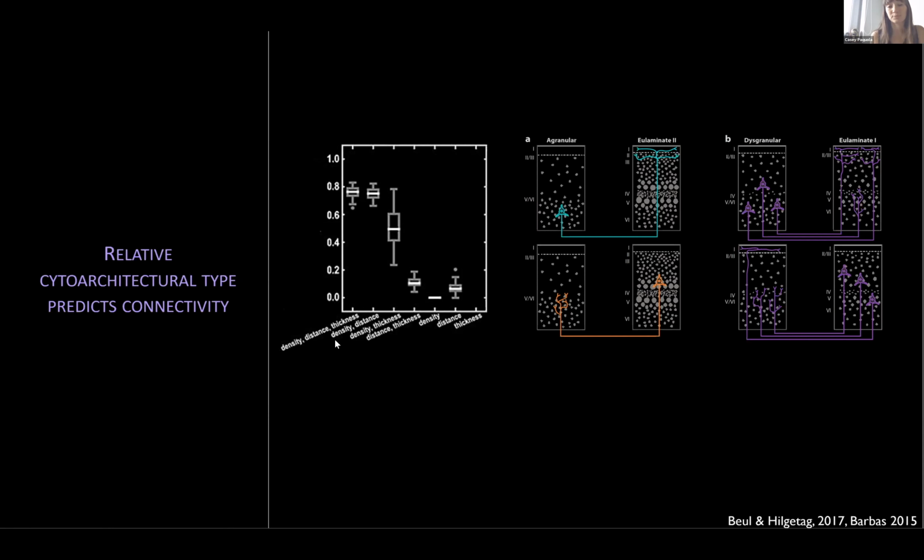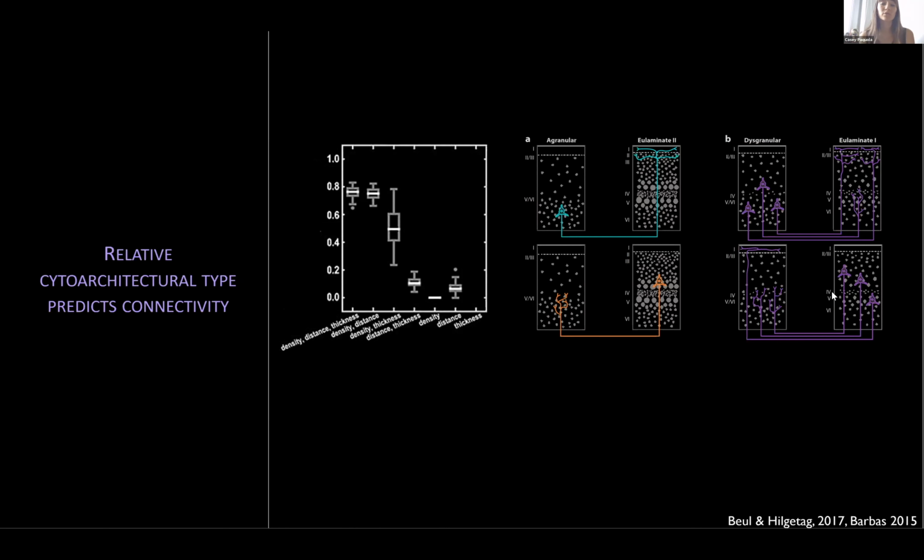And the structural model also makes claims on how structural type predicts the laminar origin of projections. So dissimilar cortical areas project to distinct layers, such as agranular and eulaminate 2 here. So you can see they're kind of jumping between different layers where they terminate. Whereas the laminar origin of projections is more similar when you go between more similar types of cytoarchitecture, like dysgranular to eulaminate 1, which are more similar.